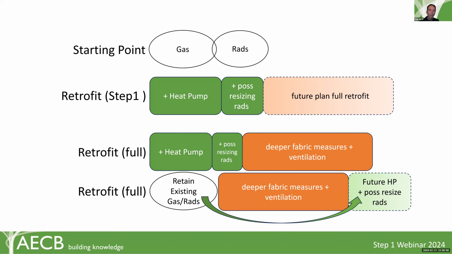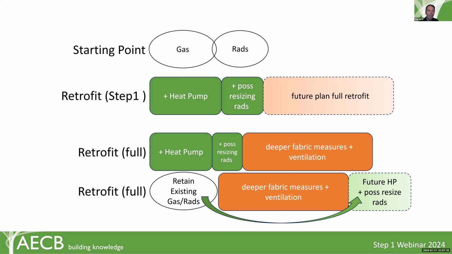One thing I haven't mentioned, I wonder if people had asked this, is that we initially thought that the use of a heat pump at the step 1 stage would have to be a larger heat pump, because you haven't insulated the house, so the heat demand is going to be quite large.